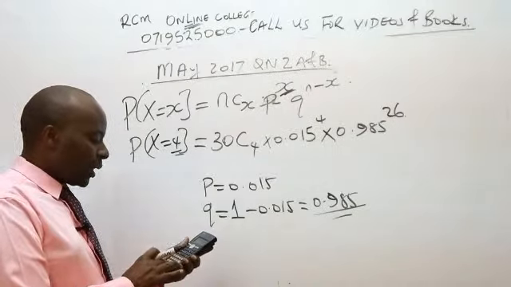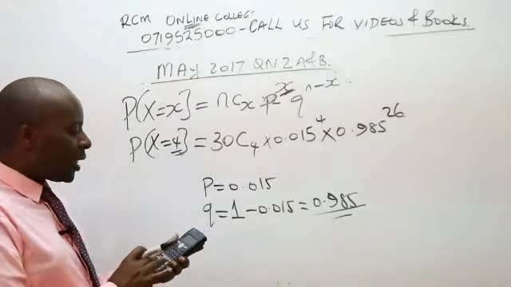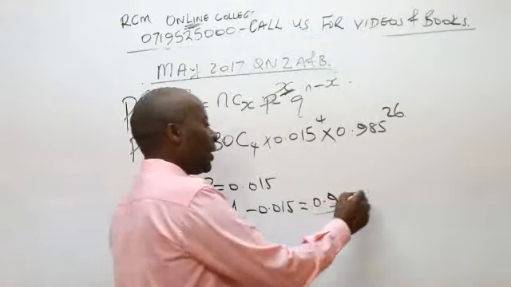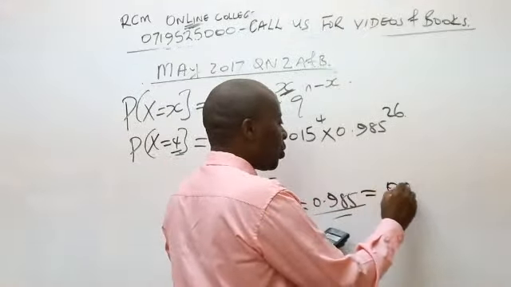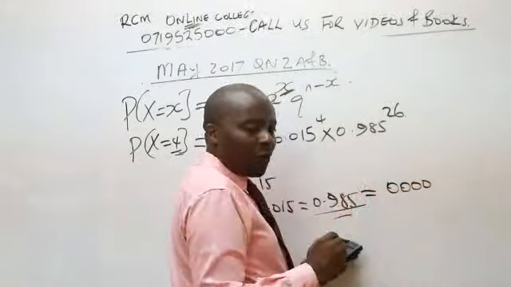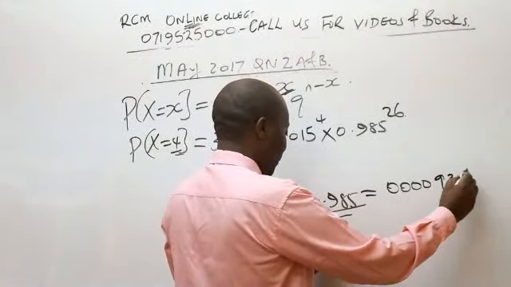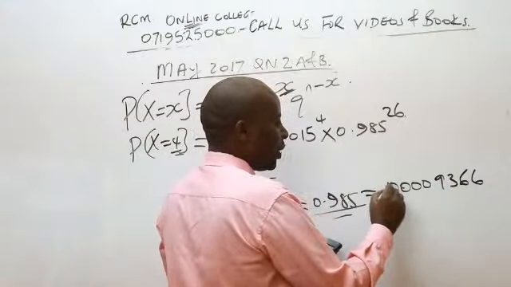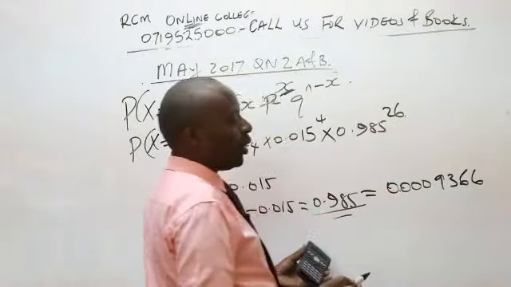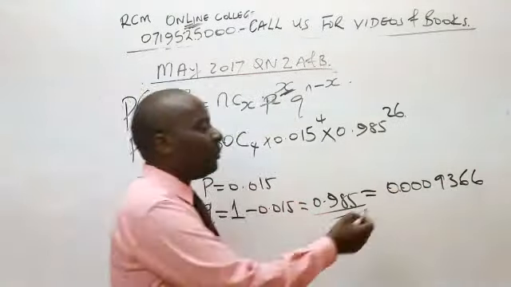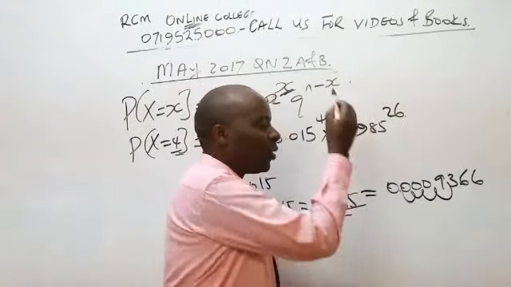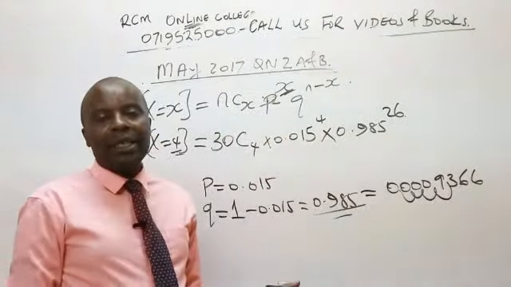At the end of the day, this again gives us a very small probability, with 4 zeros on the left, and then we have 9366. We put a decimal there, or you count 1, 2, 3, 4, and you still end up getting the same decimal place.